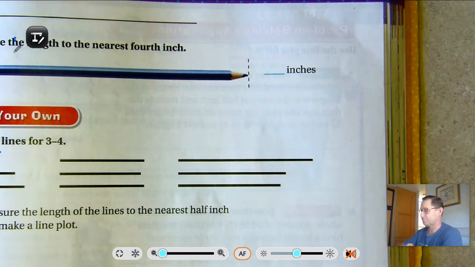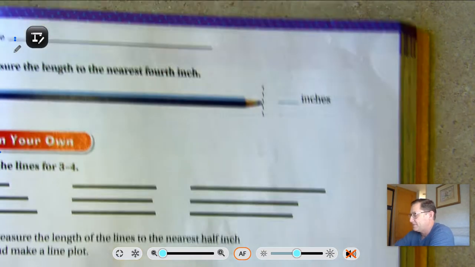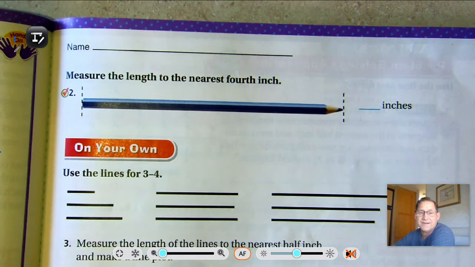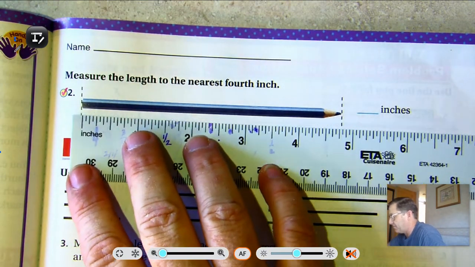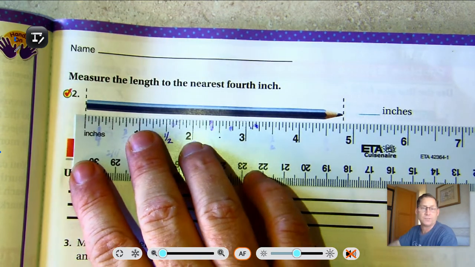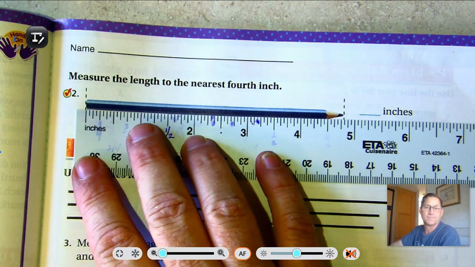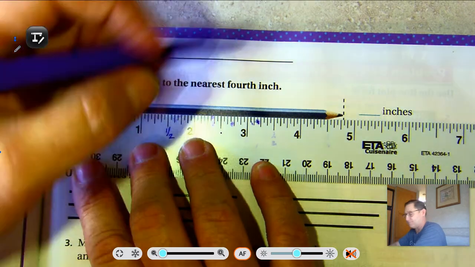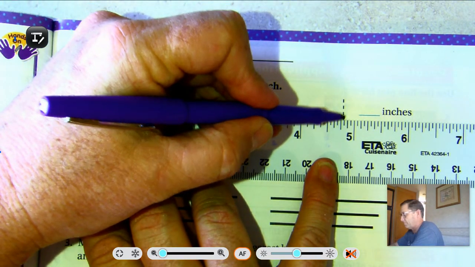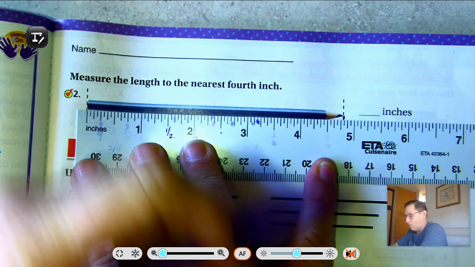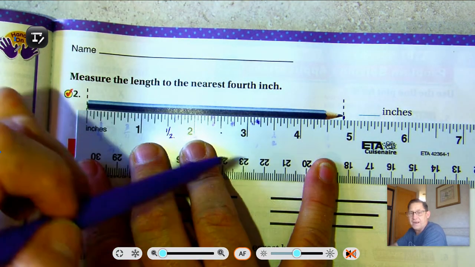All right, number 2. Measure the length to the nearest 1/4 of an inch. So you're going to line the pencil up with the 0 on the ruler, and then you're going to see where it ends. Okay, it ends right there, right? So it's in between 4 and 5.